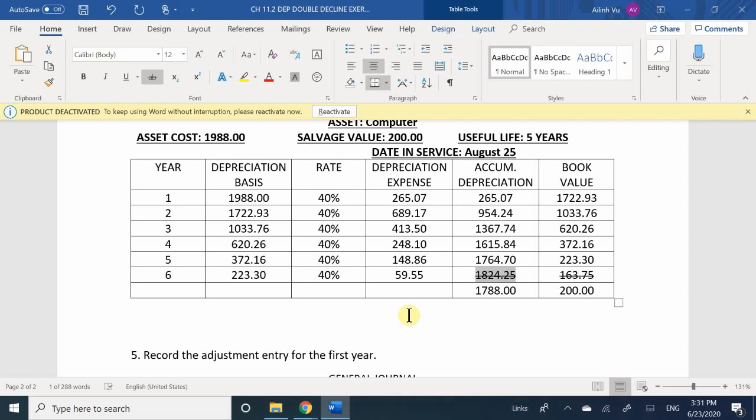So if we know 1788 is equal to 1764.70, because we don't have that number anymore, what number is going to be added together to get 1788?